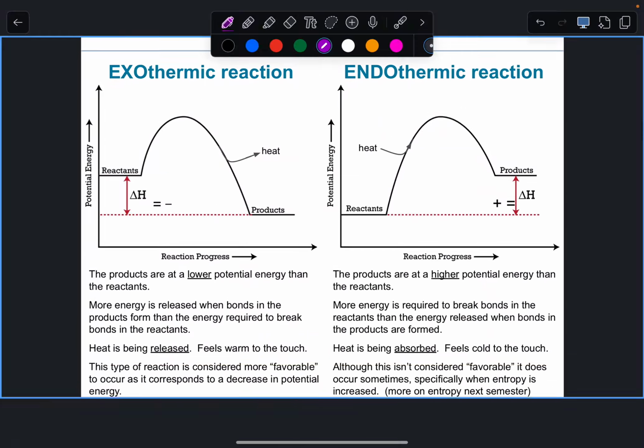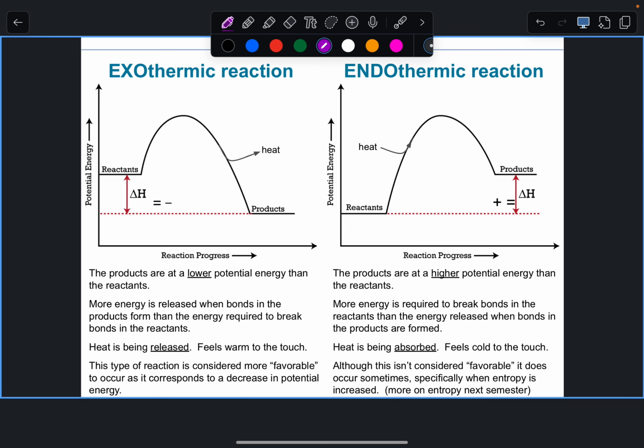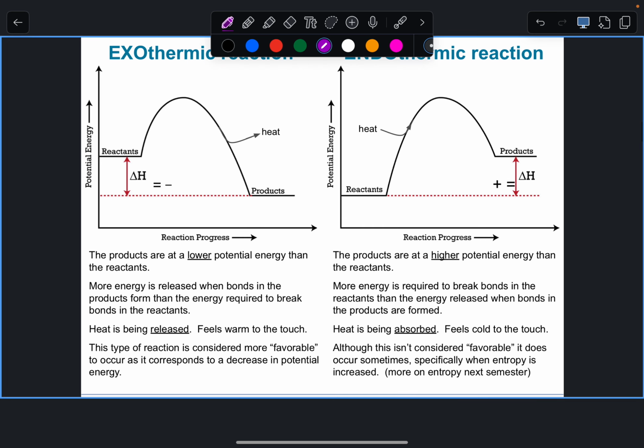Related to that, this idea of a difference in potential energy becomes really important when we start to predict what types of chemical reactions will occur. So this first example, you've probably heard this term, exothermic. So exo, think exit, thermic, heat. Heat is exiting the system.